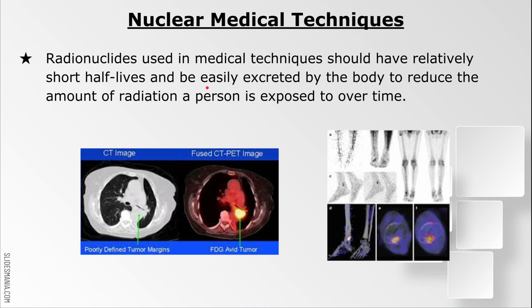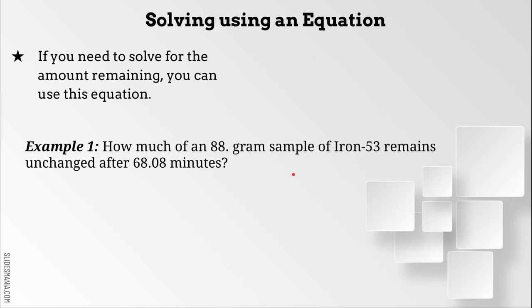We also want to use isotopes that are easily excreted by your body and have pretty short half-lives of only a few days to make sure that the radioactive things don't actually damage your body, but instead we can use them as a medicine.